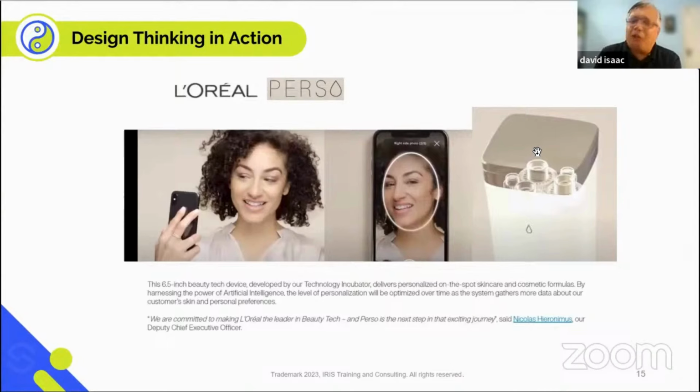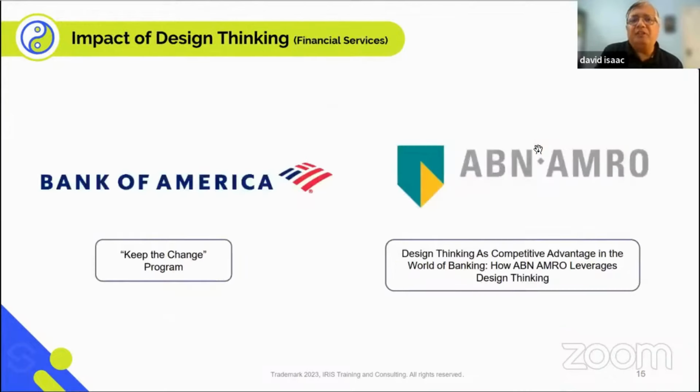So here is an example, L'Oreal here. Instead of giving a standard kind of solution, you can have customized solutions, and that really helps you create customized solutions.